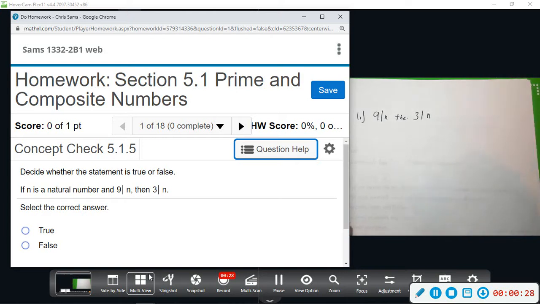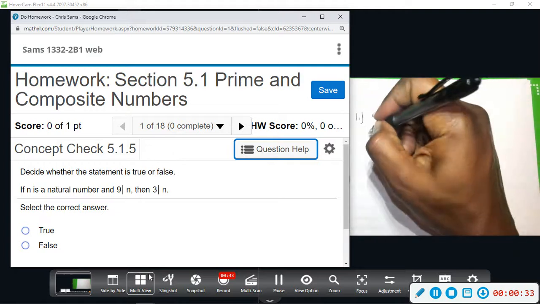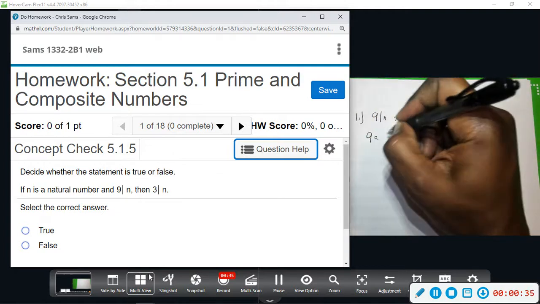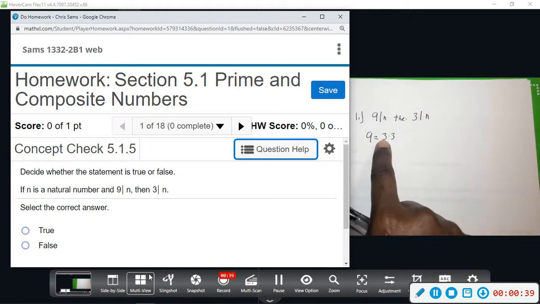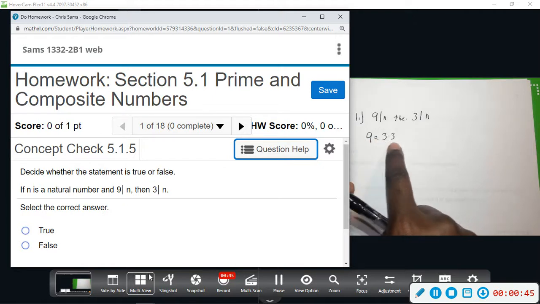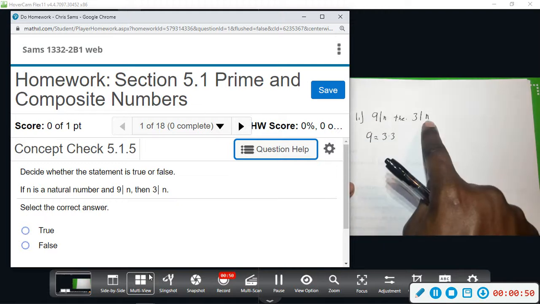Well, since 9 is equal to 3 times 3, 3 will divide 9. And so since 3 is a factor of 9, it will also divide this number as well.